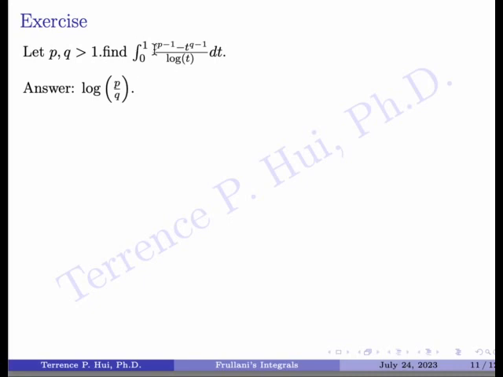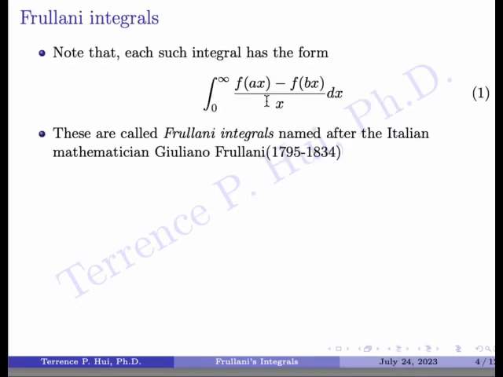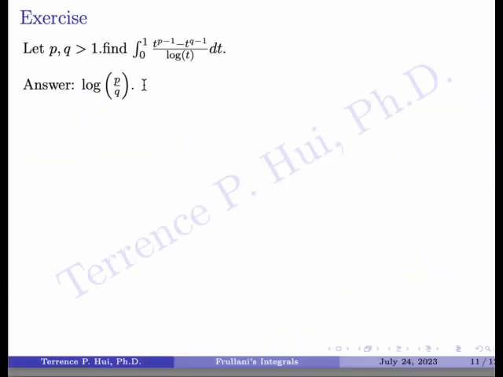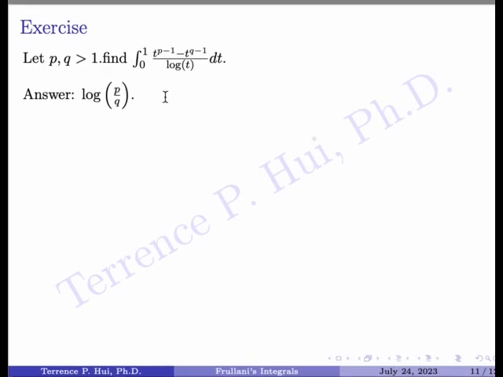Now, notice this current form is not Frullani. Look at the limits: it's 0 to 1, not 0 to infinity. That's why this is a challenging exercise, because you need to do something about that to turn it into this form. Even though by itself it is not Frullani, it can be turned into Frullani.